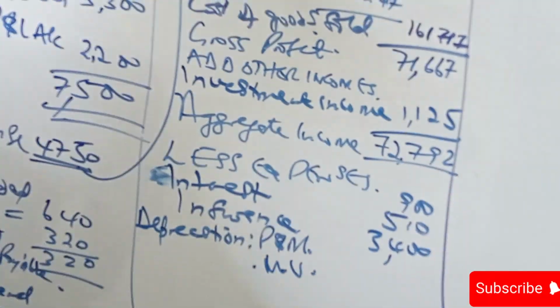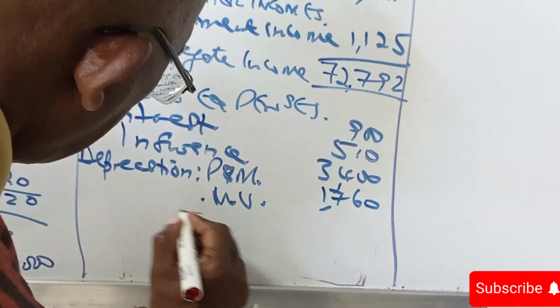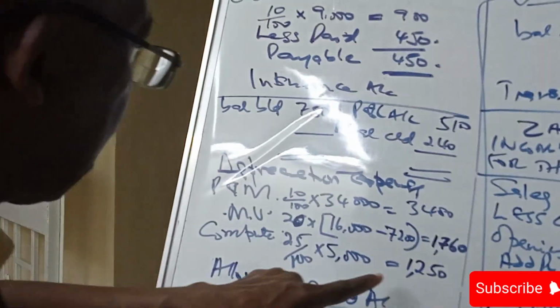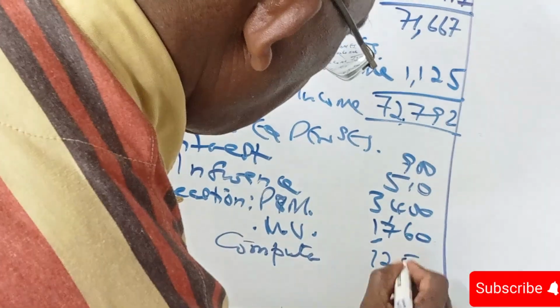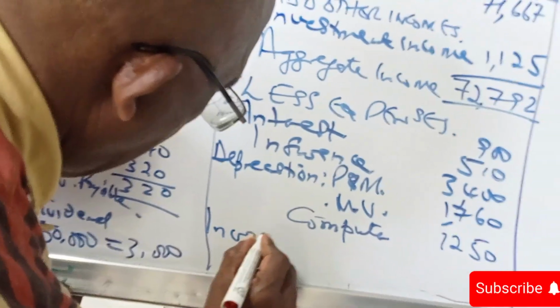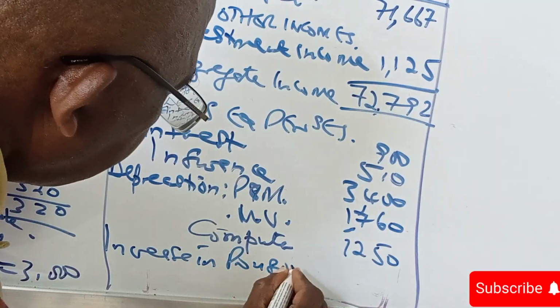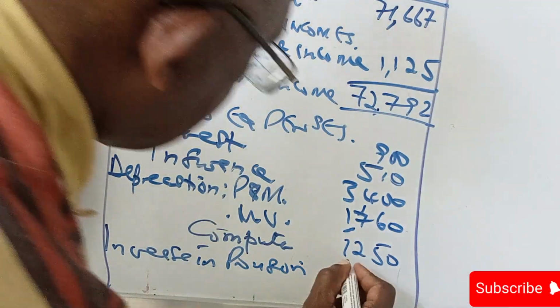Motor vehicle, capture in full, 1,760. Computer, 1,250. Allowance for doubtful debt: increase in provision for doubtful debts is 2,200.